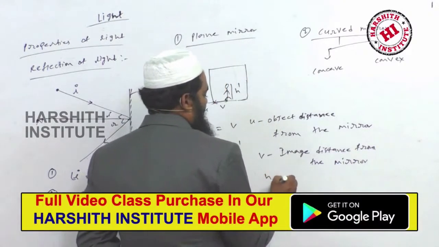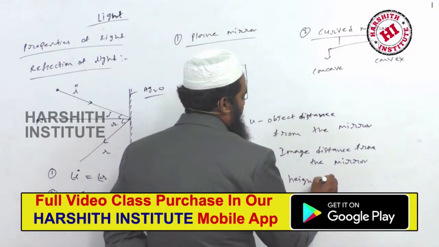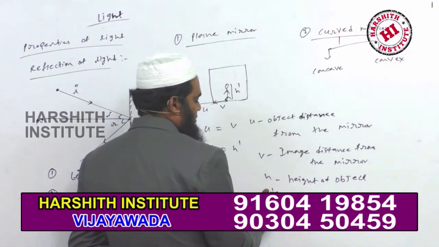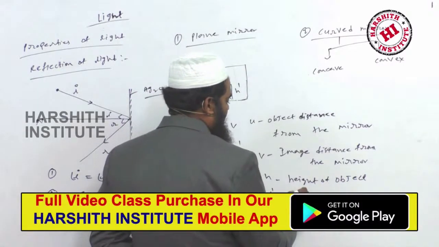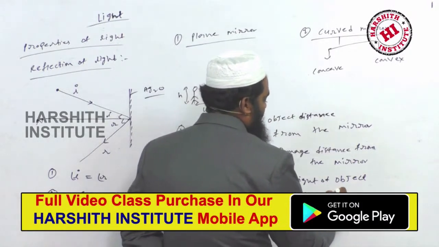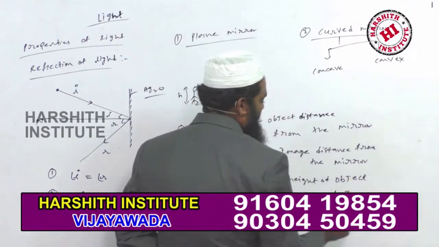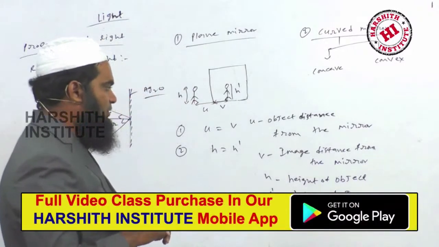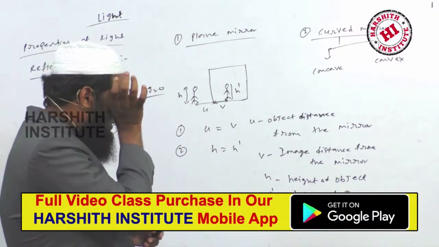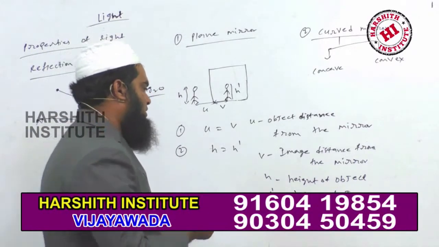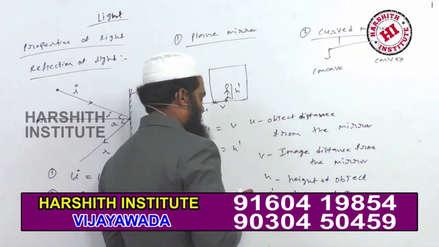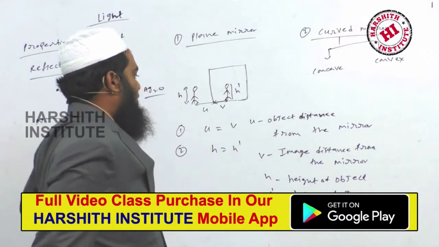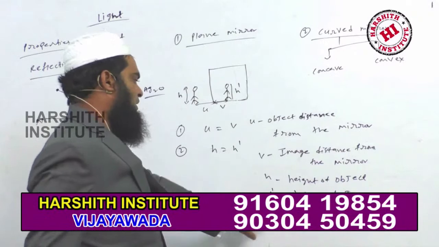H is called the height of the object, and H dash is called the height of the image.